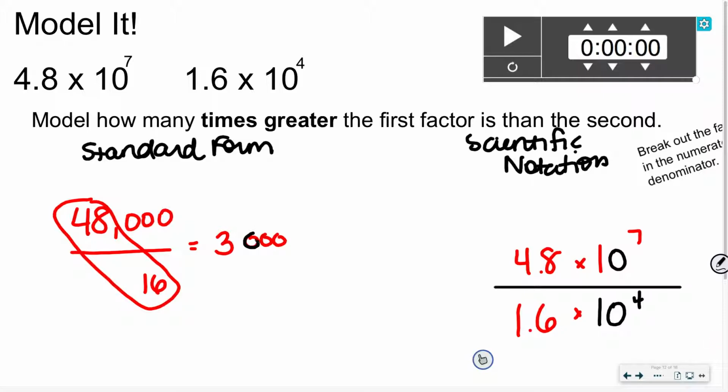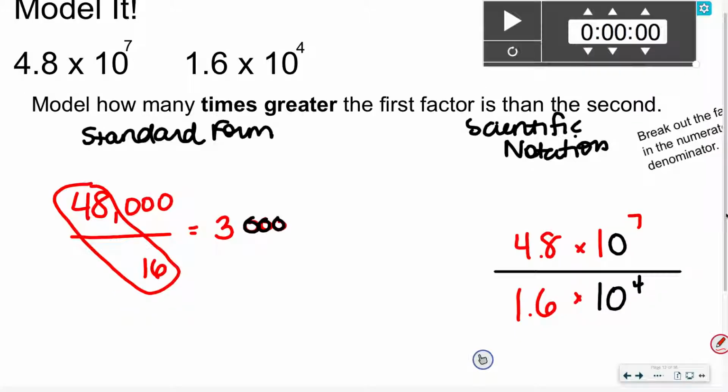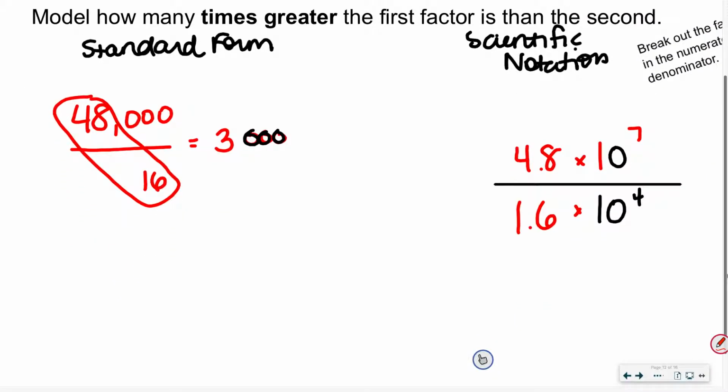So I'm even going to do these in a different color to kind of show you where this all comes from in the scientific notation division. If I divide this in scientific notation, what do I got? 3 times.